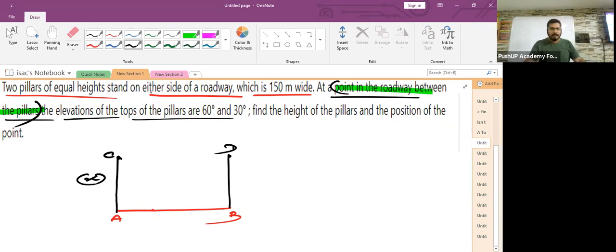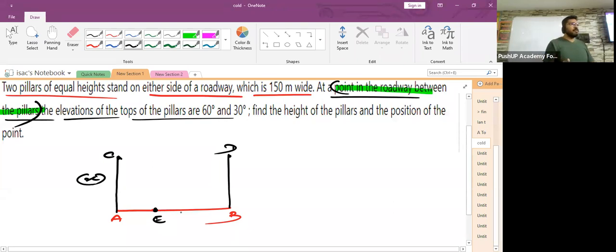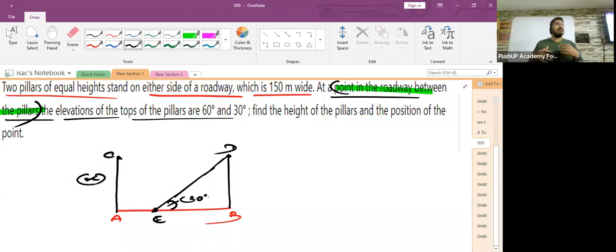I am going to take my reference point over here, so that I don't get confused. E is coming somewhere in between A and B, but E is not the midpoint of AB. Okay, now if I look at point D from point E, the angle of elevation should be how much? 30 degrees.